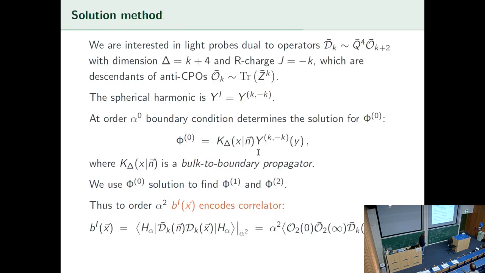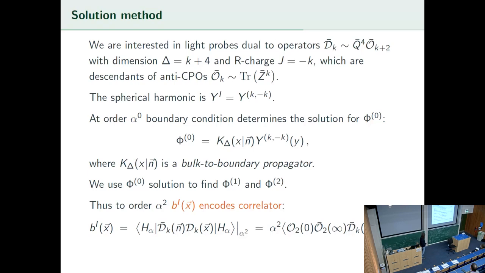Okay, so now let me specify the particular operators that we're going to consider. We're going to take the descendants of the antichiral primary, which we're calling dk. So this operator has the conformal dimension k plus 4 and R charge minus k.